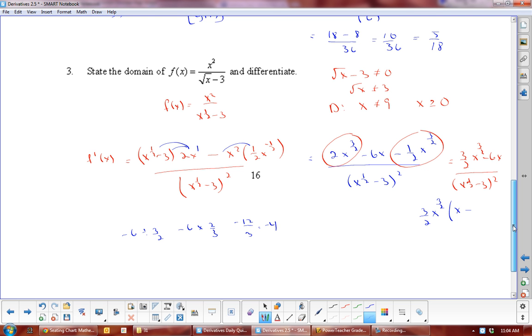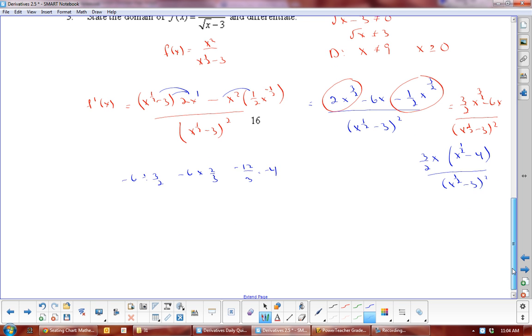Oh, actually, sorry, we can't take out 3 over 2. We have to take out the smallest exponent, which is x, right? So 3 over 2 minus 2 over 2 would give me 1 over 2 minus 4, since I took out the x, and then that's all over x to the 1/2 minus 3 squared.